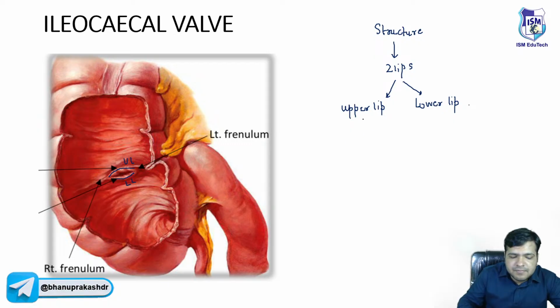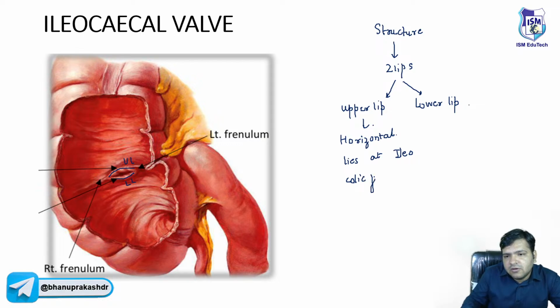The upper lip, basically, beta, is horizontal. It is more horizontal, and lies at the ileocolic junction. And remember, the lower lip is concave and it is longer, beta.